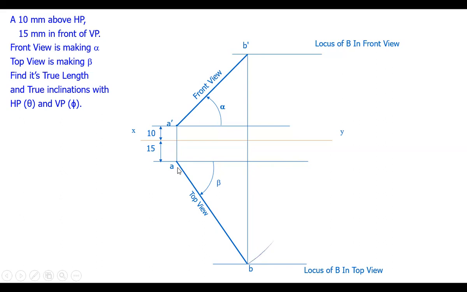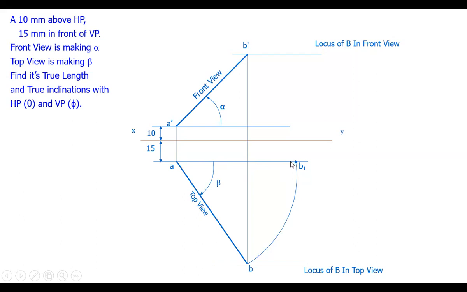Point B moves along an arc of a circle, and here it has come. We call it B1. So in the top view, AB1 is the top view of the line, and this line is parallel to VP.